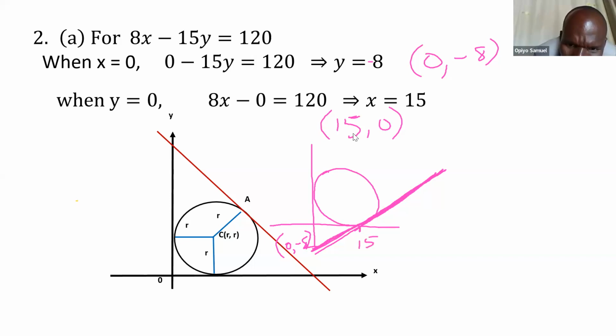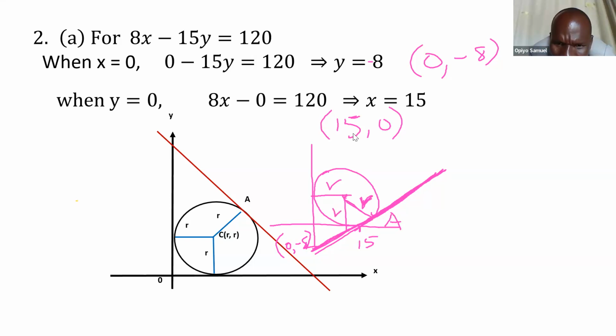It means the point A is going to be here. The center is there. But from the center until this point A is the radius. Similarly, from the point where it touches the y-axis until the center is another radius. And also, from the center until it touches the x-axis is also the radius.